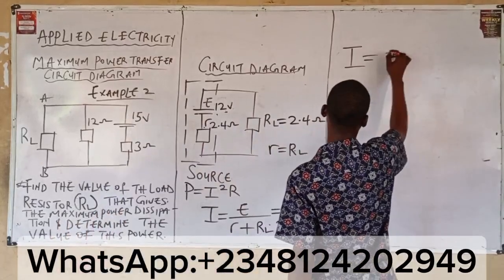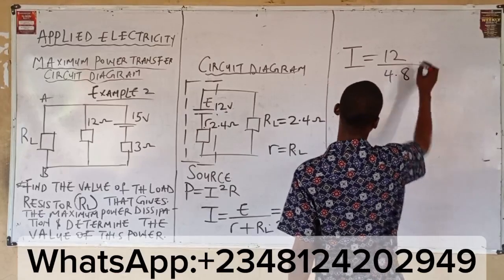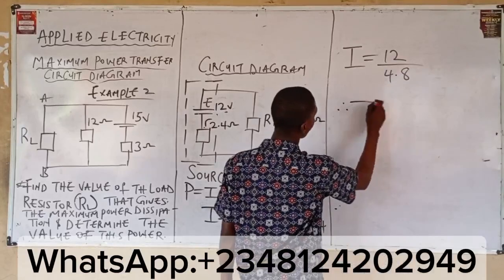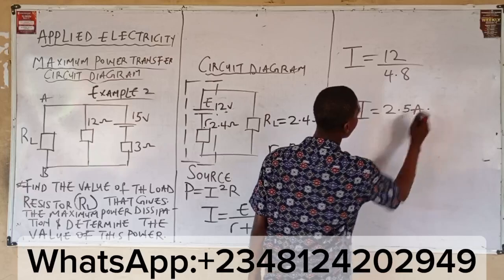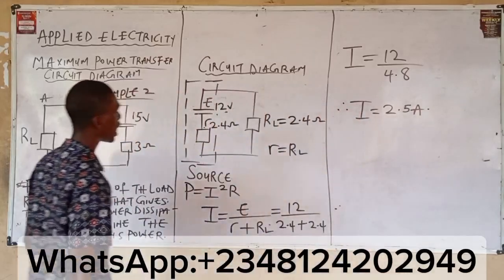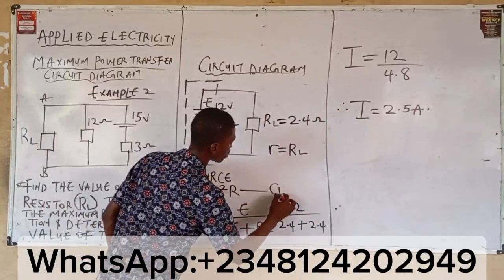I is equal to 12 divided by 4.8. Therefore, I is equal to 2.5 amperes. Meaning we've gotten I is equal to what? 2.5 amperes. So this is equation 1.